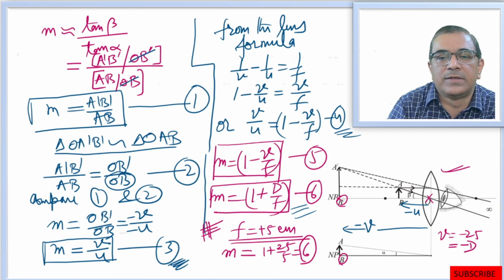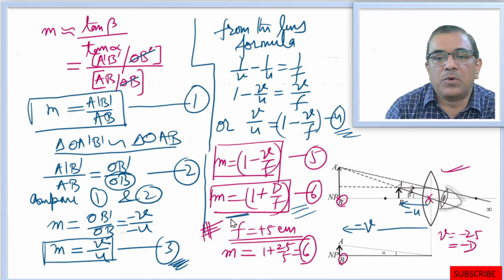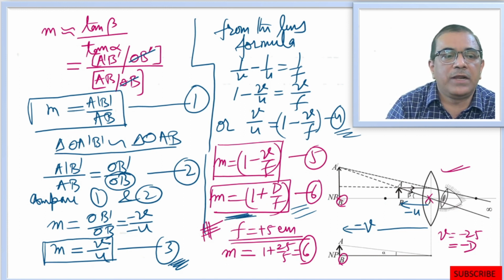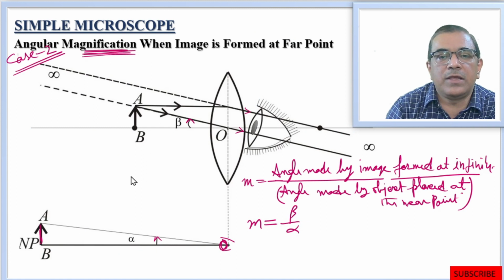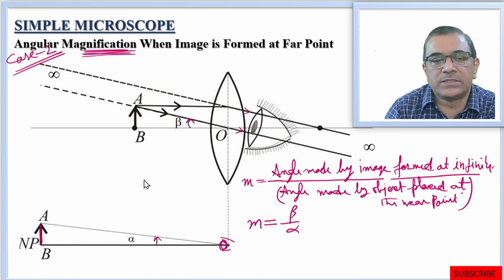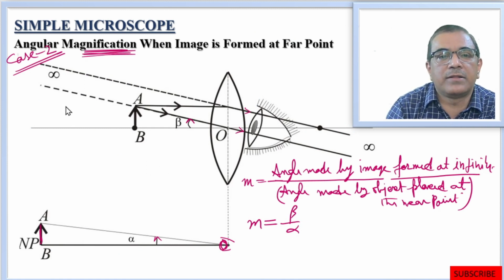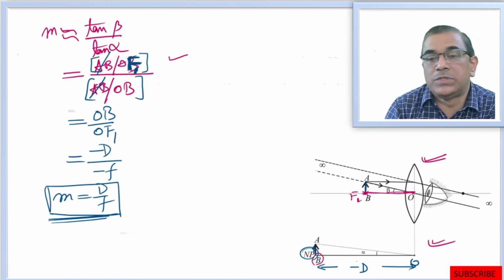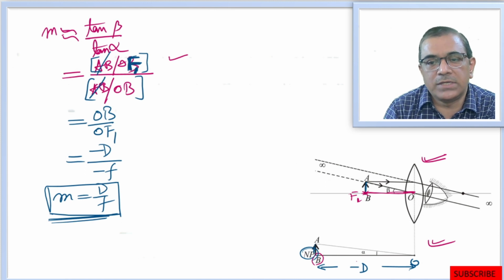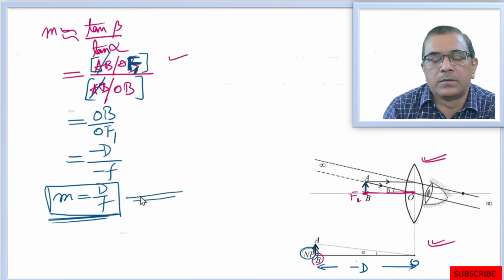Is that right? So the magnification is more when the image is formed at the near point compared to the case when the image is formed at the far point. So these two cases will remain important when we discuss compound microscope as well as telescope.